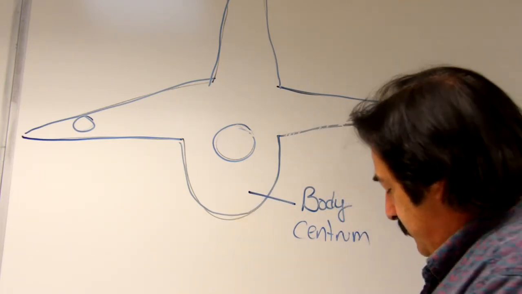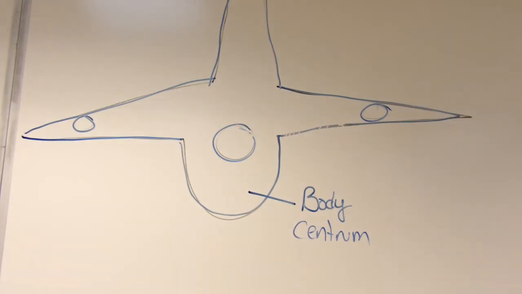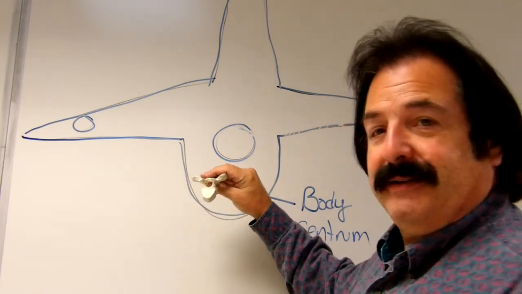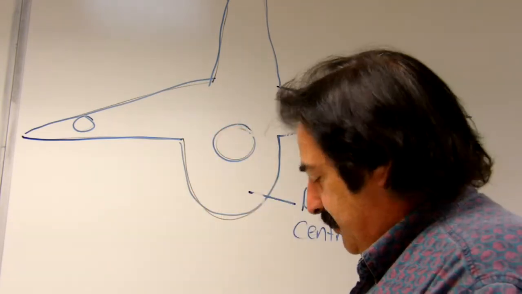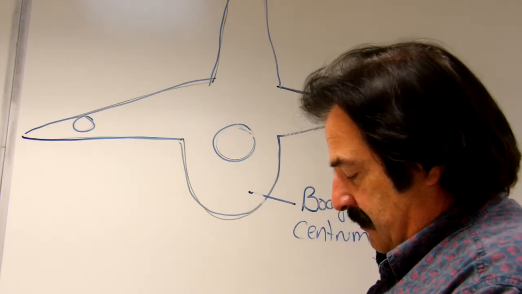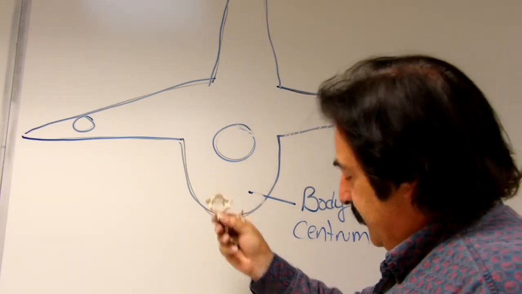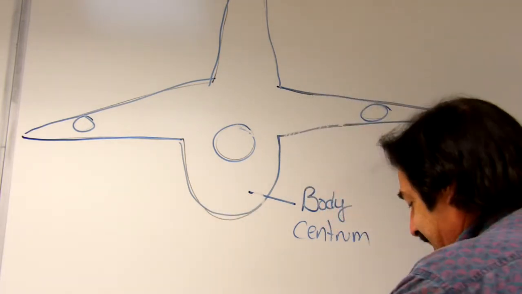You have a thoracic. This is my thoracic vertebra, and you can see that its body is very small. And when you deal with a cervical vertebra, the body is even smaller. Okay?